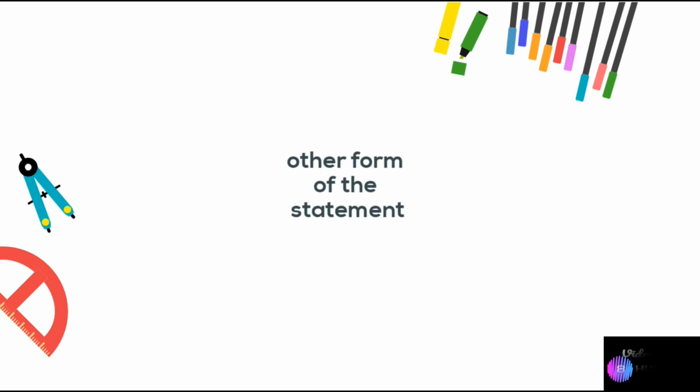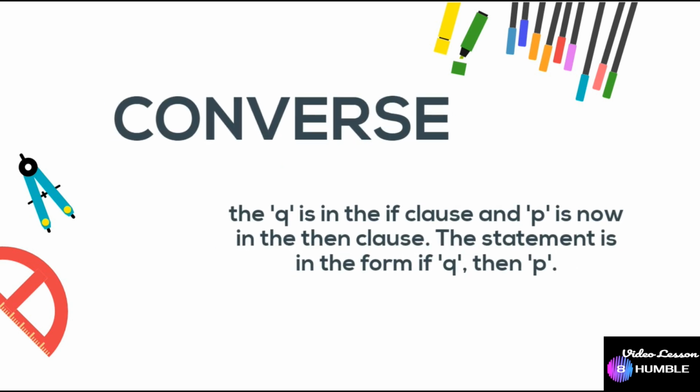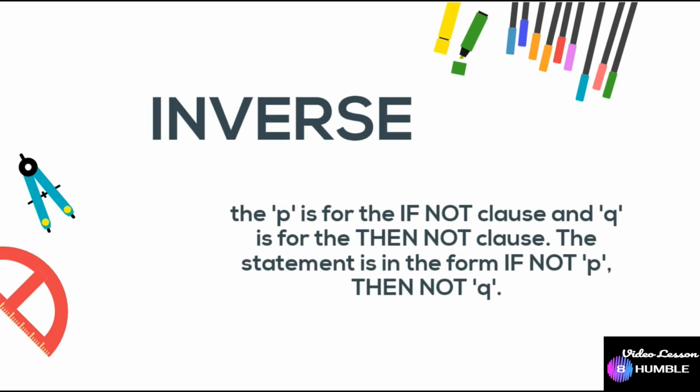The three other forms of the statement are the converse, inverse, and contrapositive. In converse, the Q is in the if clause and P is now in the then clause. The statement is in the form if Q then P. In inverse, the P is for the if not clause and Q is for the then not clause.